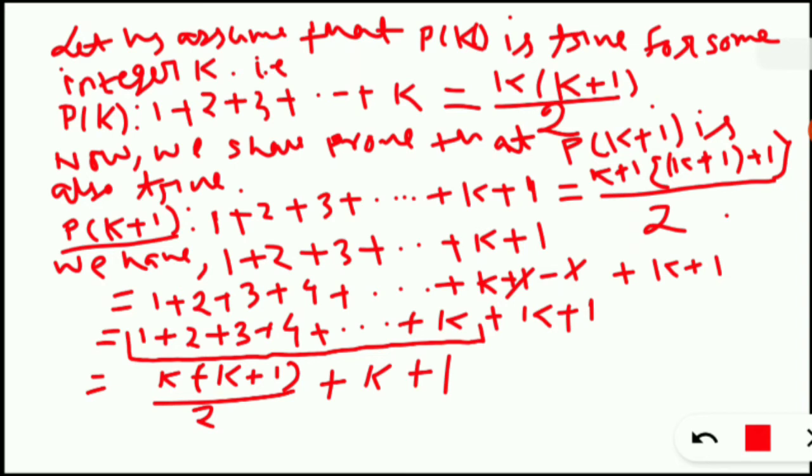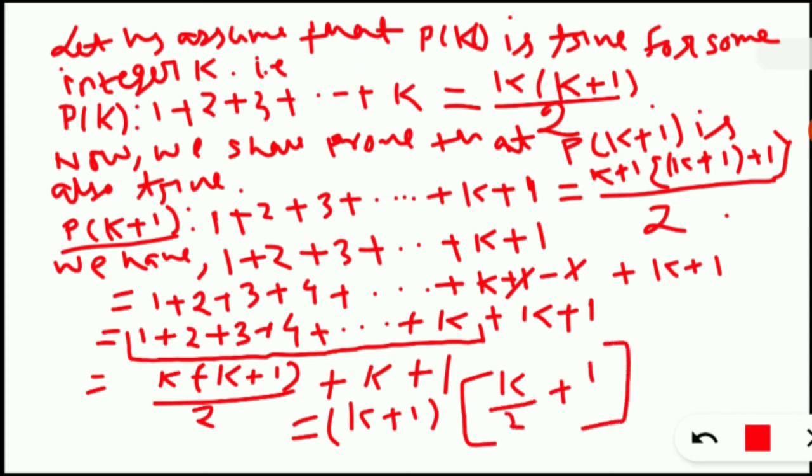Clear? So in next line, if we take common k plus 1, then from the first term here is k by 2, and here this is 1. Clear? So finally we got k plus 1 into k by 2 plus 1 in third bracket.